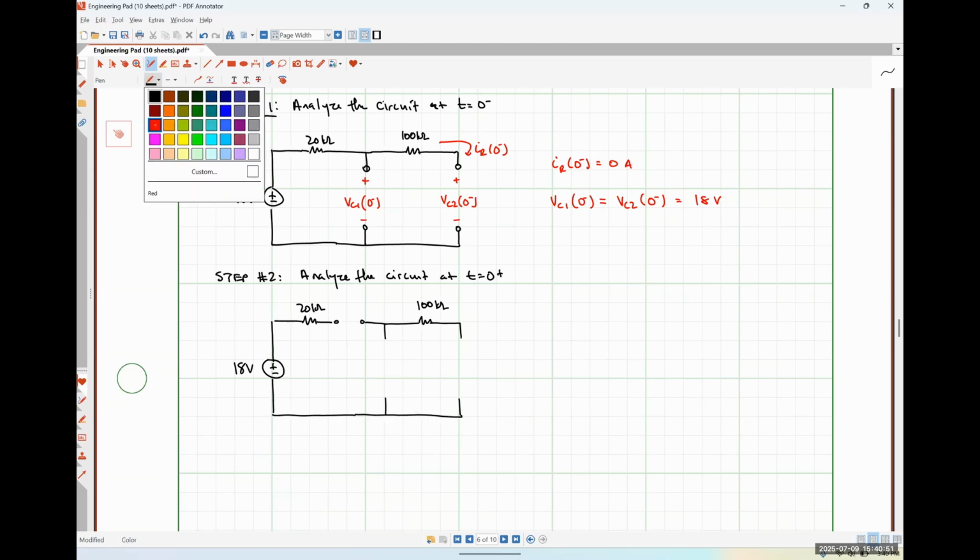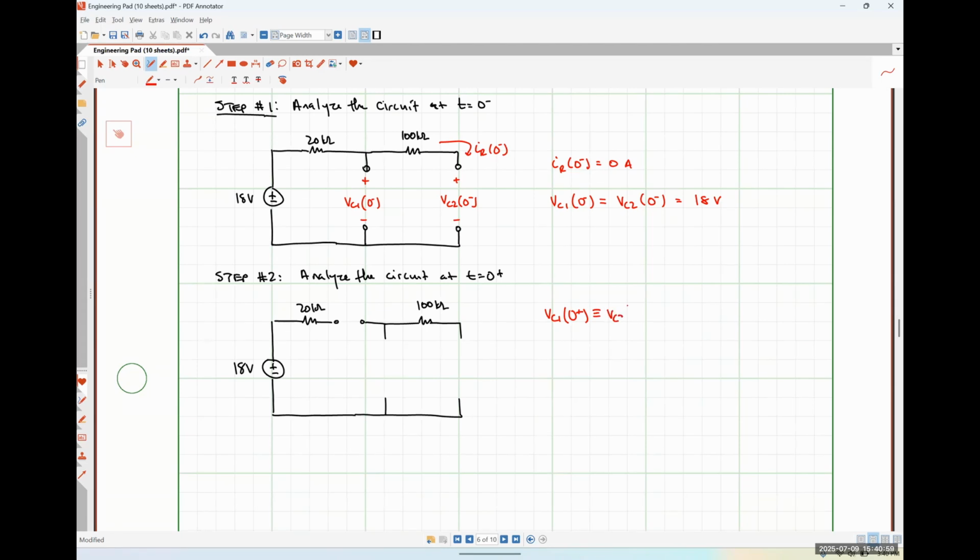So we should know that VC1 at 0 plus must be equal to VC1 at 0 minus, because the voltage drop across a capacitor cannot change abruptly. So that means that this guy is 18 volts.